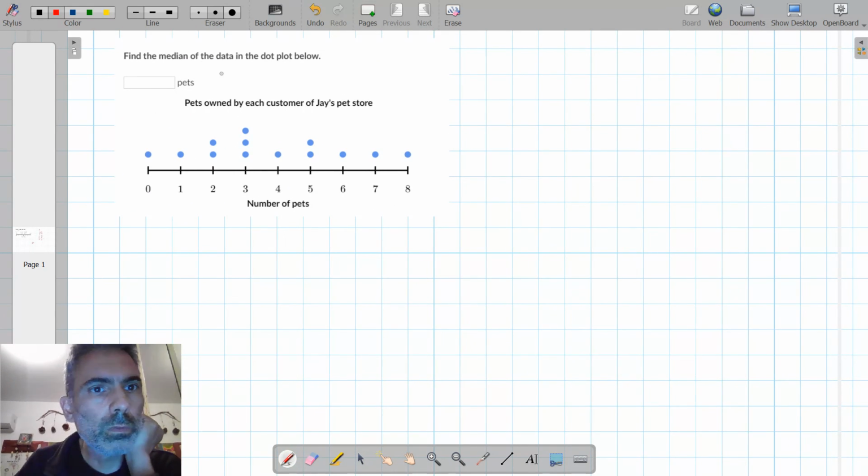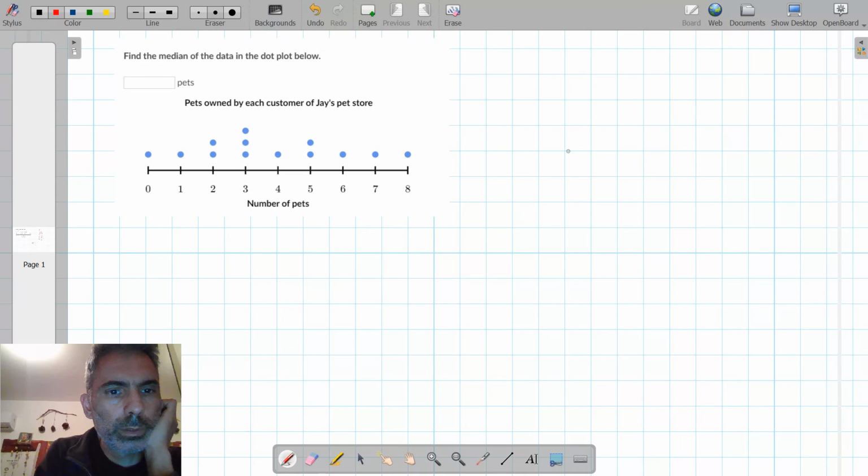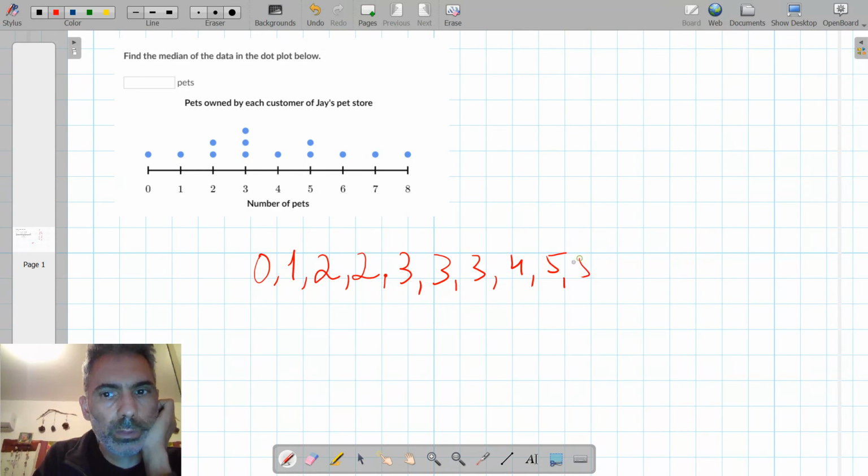Find the median of the data in the dot plot below. Okay, so we need to first order the data points from least to greatest. So we have 0, we have 1, we have 2 twice, we have 3 three times, we have 4, we have 5 two times, we have 6, and we have 7, and we have 8.